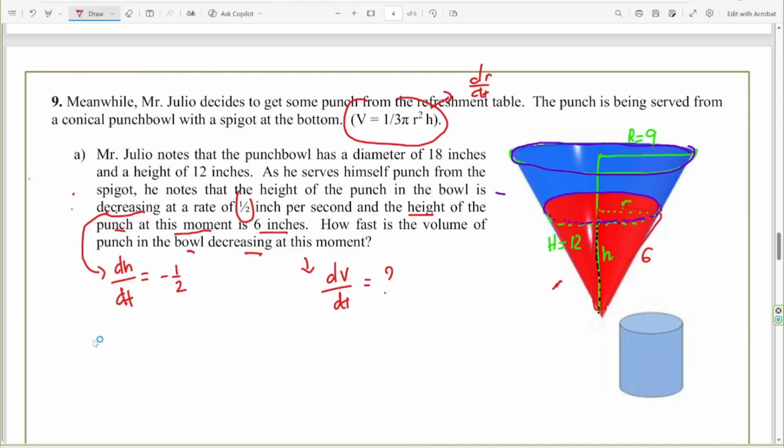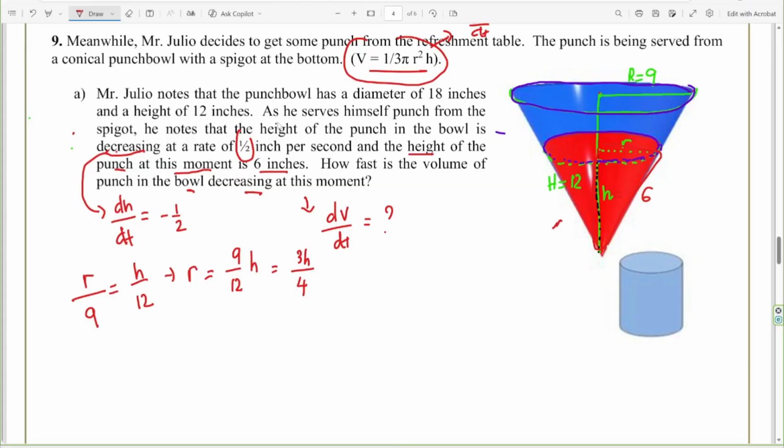So little r over 9 is the same thing as little h over 12. And then r equals 9 over 12 times h, which is 3h divided by 4.